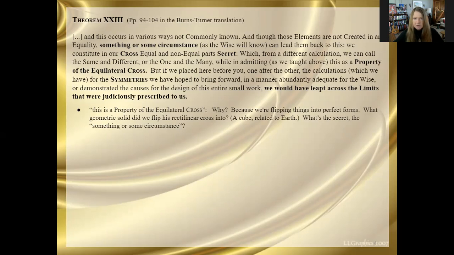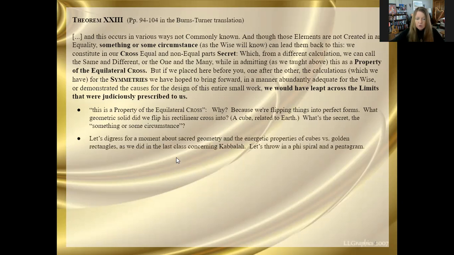So what is the secret, the something or circumstances? Many things, but there's one in particular I want to talk about here. You remember at the end of the last theorem, we had talked for quite a few videos about how he's setting up the path of the initiate and you being the vessel in theorems 21 and 22.